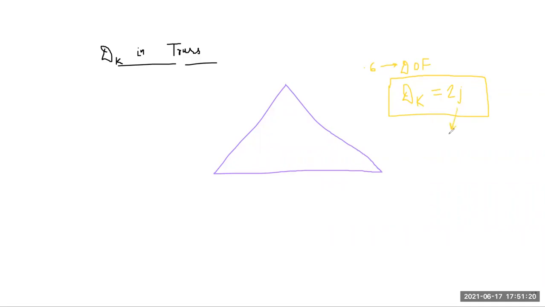Here j is the number of joints. We have seen that 6 degrees of freedom are available because for a joint in a truss 2 degrees of freedom are possible. For this joint 2 degrees of freedom are possible, and for this joint also 2 degrees of freedom are possible.